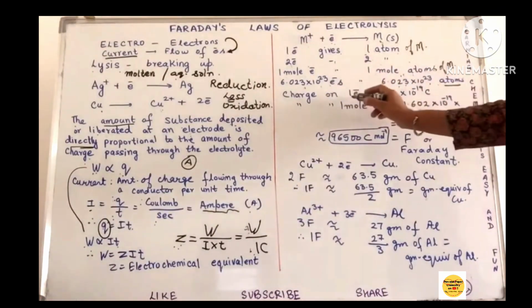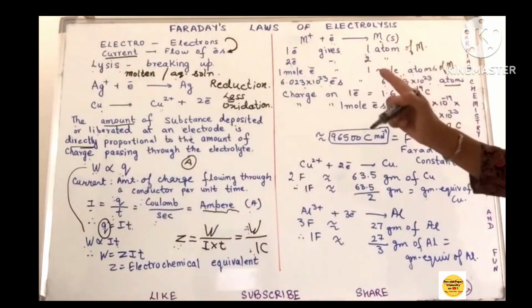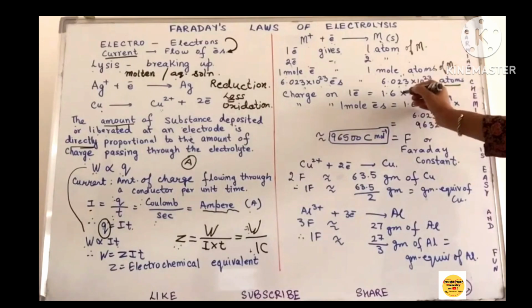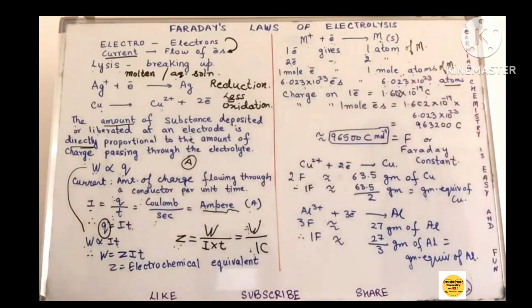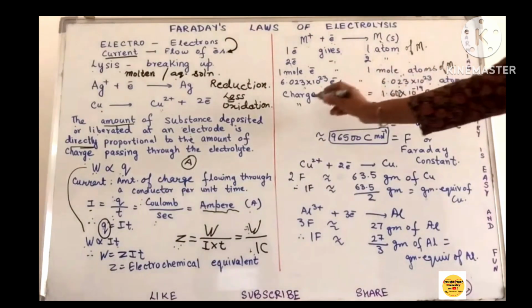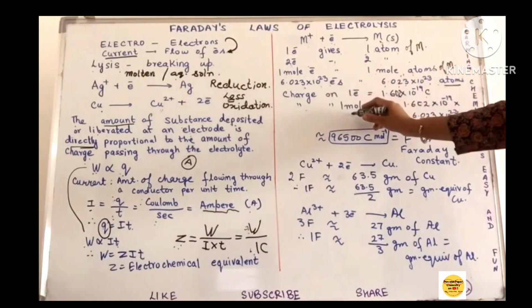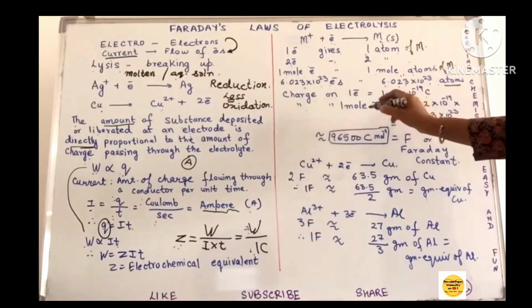What is the charge carried by 1 electron? We have done it in the topic atomic structure. Yes, it's 1.6 into 10 to the power minus 19 coulombs, or if you want to take it more exact, you can say it as 1.602 into 10 to the power minus 19 coulombs. So the charge on 1 electron being known, how much will be the charge carried by 1 mole of electrons?